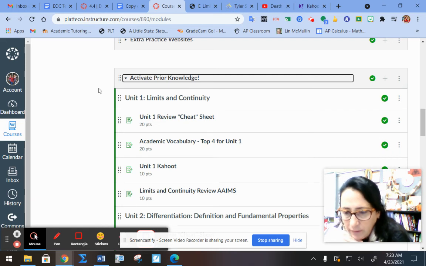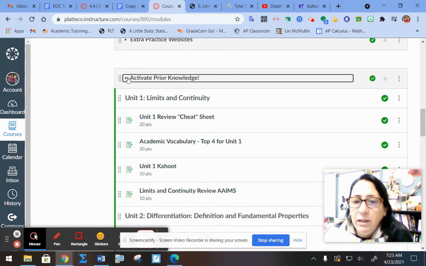It's interesting for me to see, if they did Unit 1, how many of their Unit 1 things were on the sheet of things they didn't do well on in the mock test. A lot of times they say, oh, I think I should go do this unit now. That's really nice for that reflection.